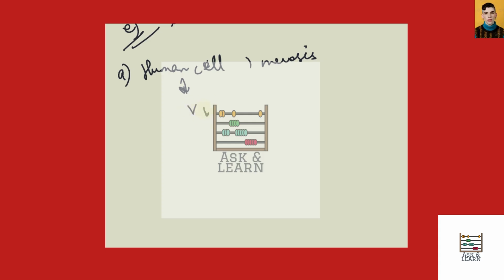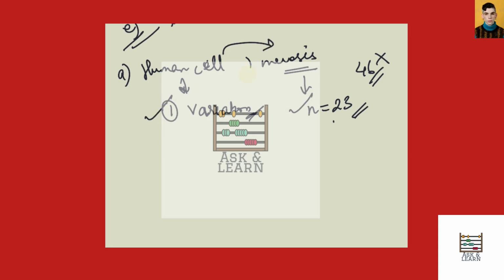So an offspring of this human will have variation from the parent. Secondly, if a human cell is undergoing meiosis, it will give us a haploid cell, correct? So the number of chromosomes will be 23 instead of 46, correct? So these two reasons will ensure that the human cell is undergoing meiosis.